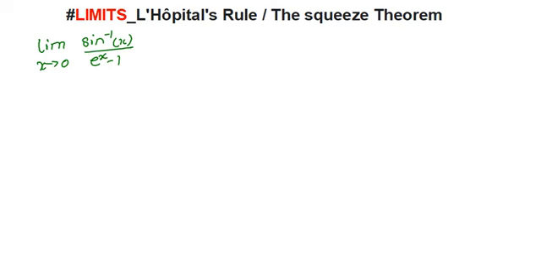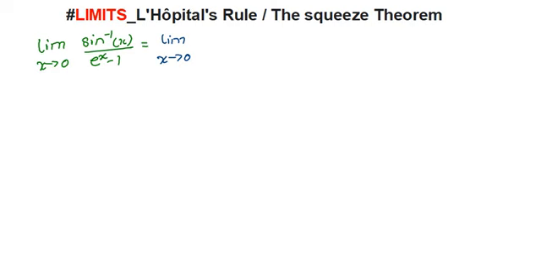So what we do here is that we need to differentiate both the numerator and the denominator of what we have there. So we're going to say the limit as x approaches 0, then we need to differentiate sine inverse of x, or the arc sine. Here we need to be familiar with how we differentiate inverse trigonometric functions.